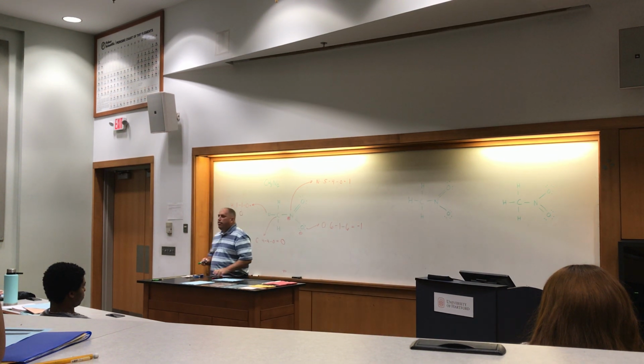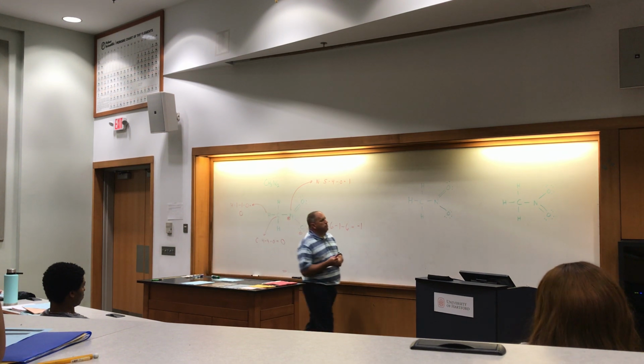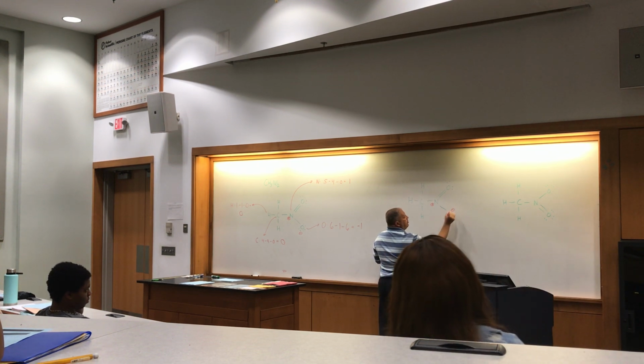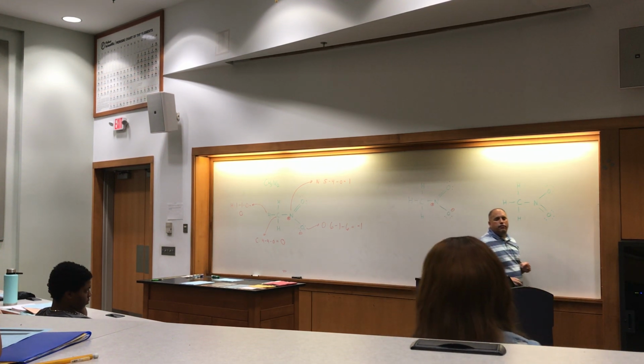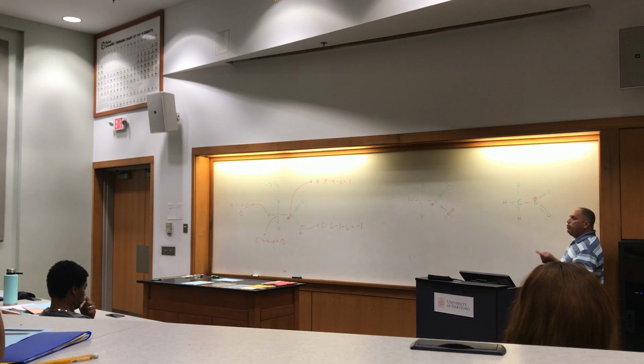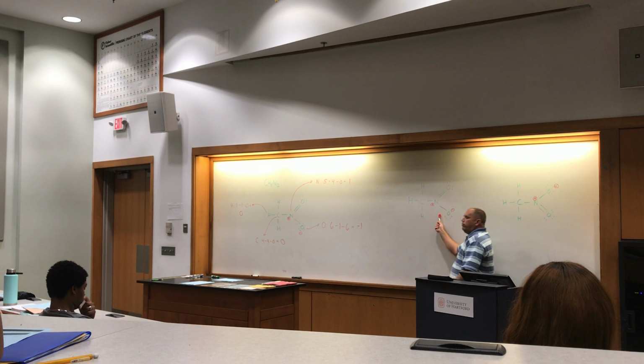Why not that? Because if you draw that one, remember we came up with a plus charge here and a minus charge here. If you draw this one and calculate formal charges, guess what? There's going to be a plus on the nitrogen, and there will be a minus on an oxygen, but it's the one up here. So why did I draw this one and not that one?